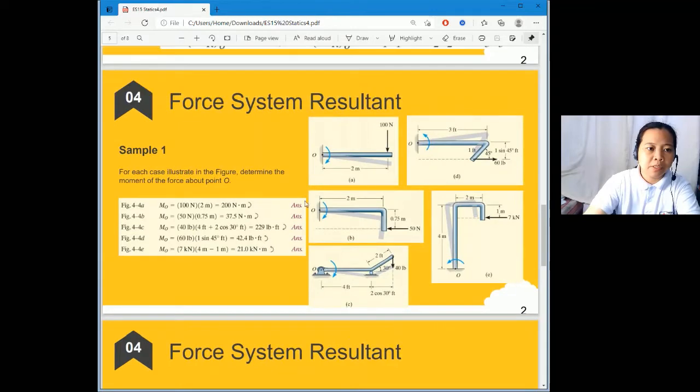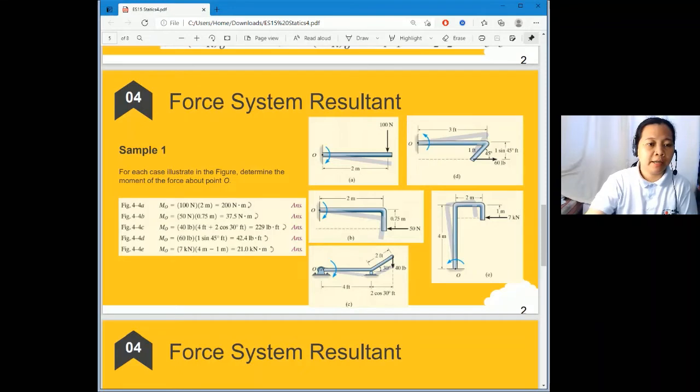Okay? So, these are a few examples showing how to calculate your forces. So, get your calculator, and it can be as simple as typing 1, 2, 3.